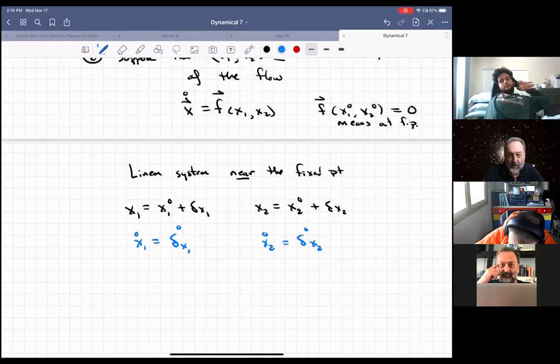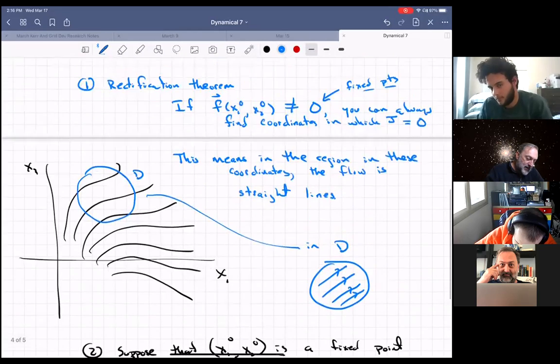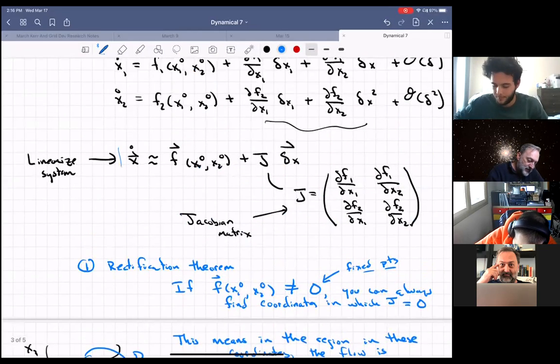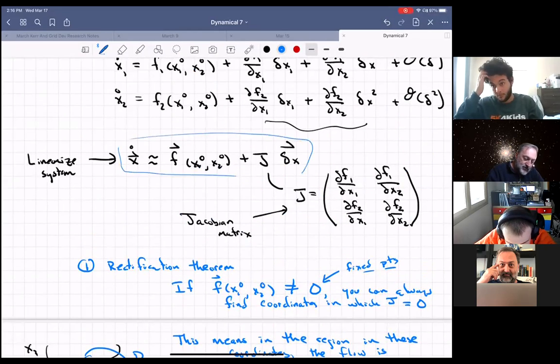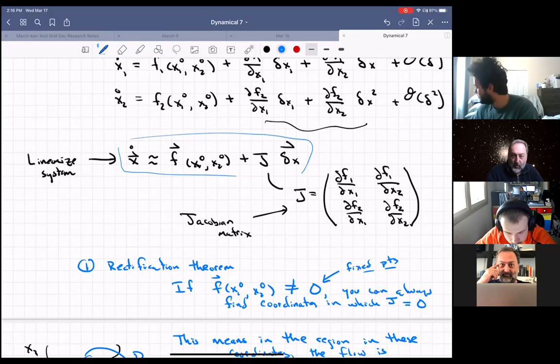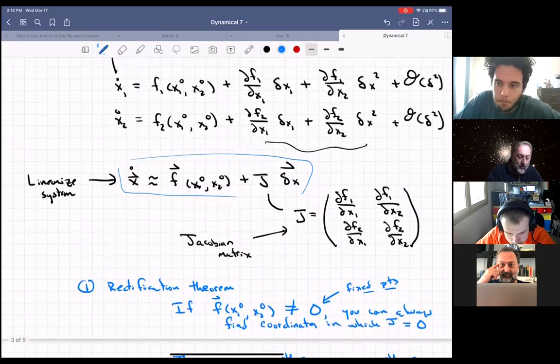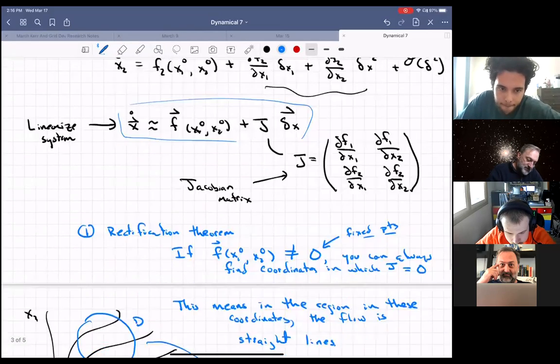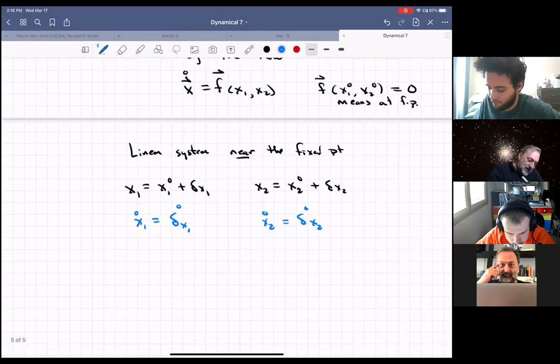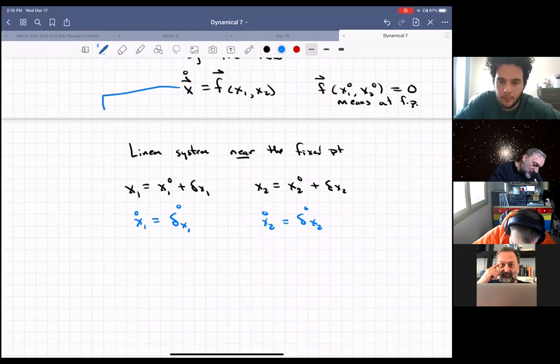They're fixed places. And so if I come back up here to my linearized system, where I had the Jacobian matrix, the function at the fixed point is 0, and I'm going to replace the x vector dot with the deltas.